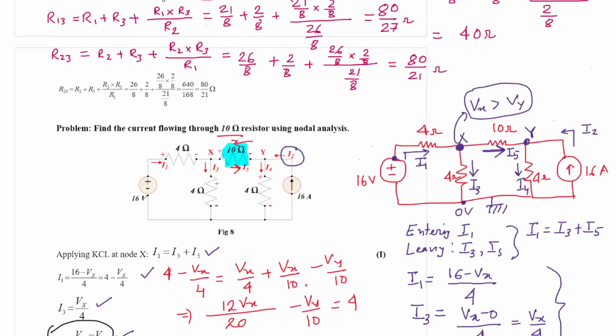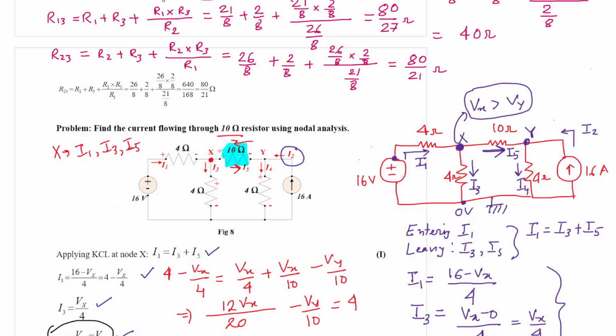So that is all about KCL. We first consider node X, one node at a time, and try to figure out how many currents are associated with that particular node. For example, with node X there are three currents, I1, I3, and I5.